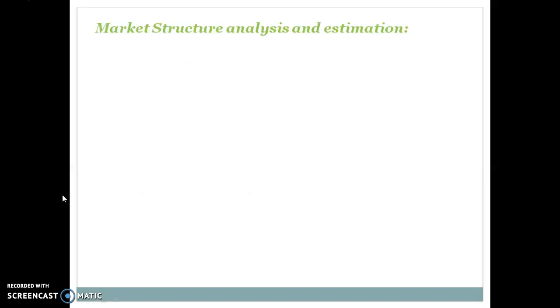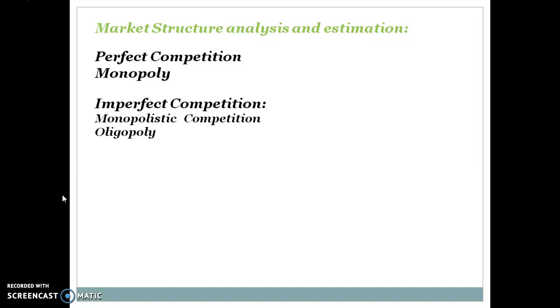Moving over to market structure analysis and estimation. We begin by distinguishing the different types of market structures prevalent in industry today and classifying various industries under each of these market structures.